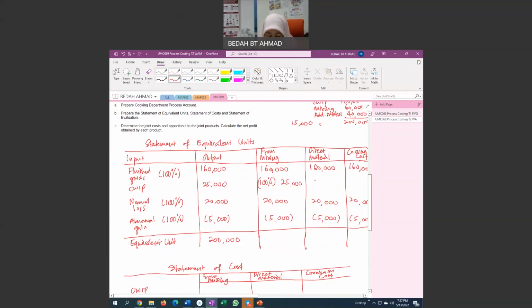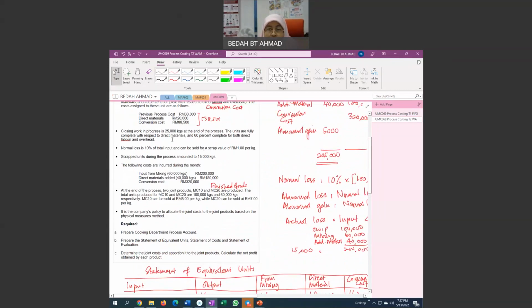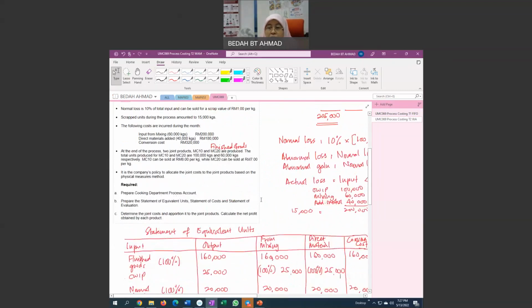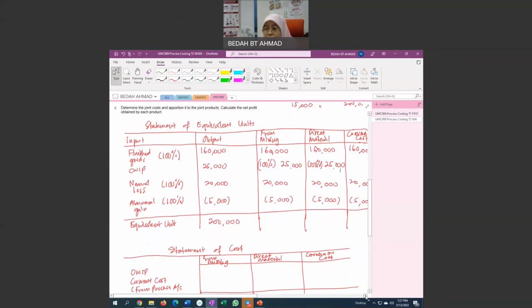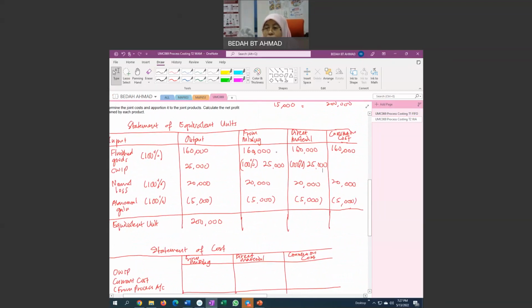Direct material also 100% complete, 25,000. And for the conversion cost, 60% complete. So 60% out of 25,000 is 15,000. Okay, yes, that's correct. It is 15,000.